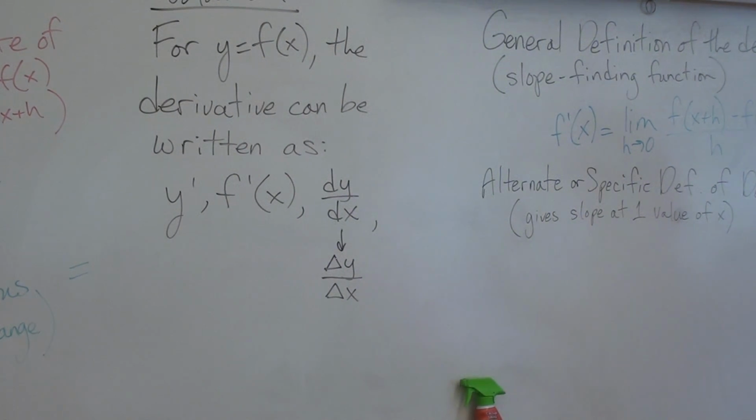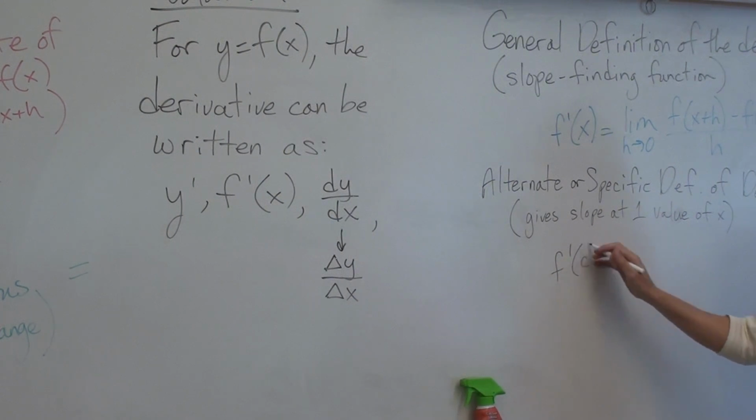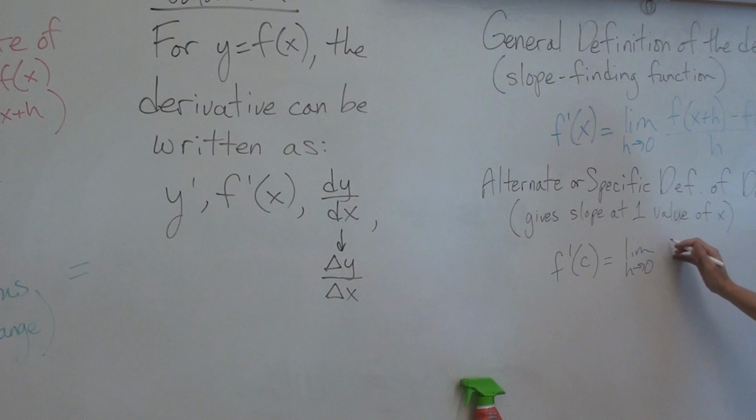There are two alternate definitions. The first one says f prime of c is the limit as h approaches 0 of f of c plus h minus f of c over h.